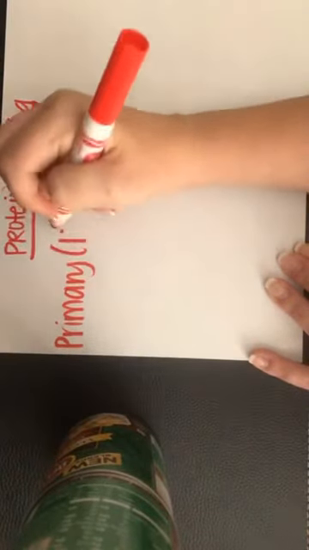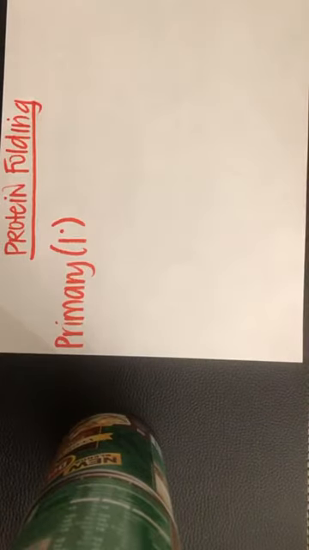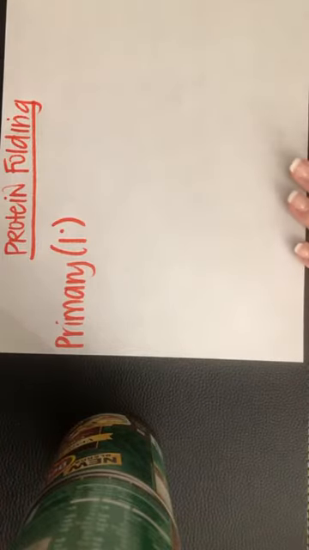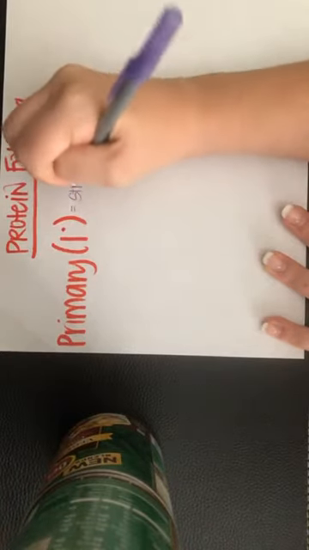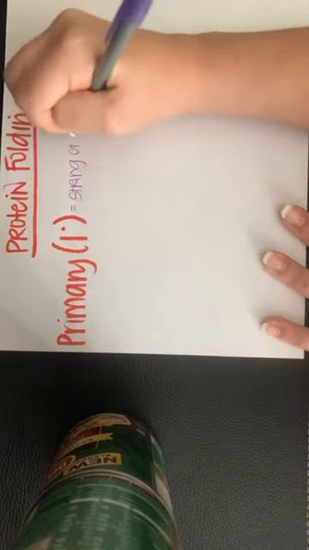You'll sometimes see that as a one with a little dot next to it. And if you have any questions during this, you're more than welcome to type them and I can see your questions. So the primary structure is just going to be a string of amino acids.